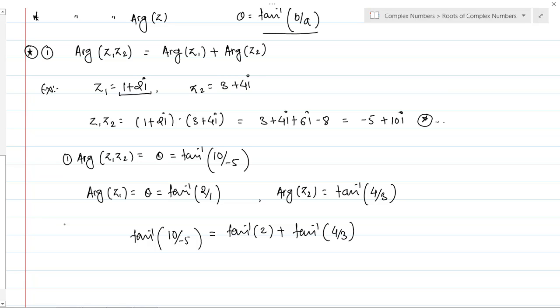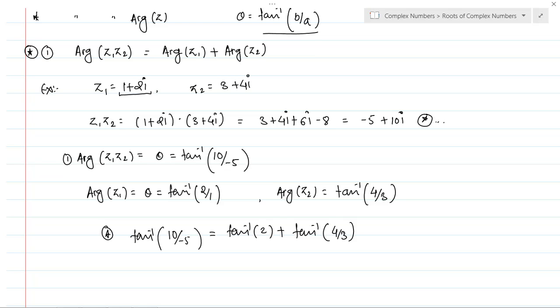If you have scientific calculators or log tables, you can verify this result. So tan inverse of minus 2 is always equal to tan inverse of 2 plus tan inverse of 4 by 3. I hope you are getting this. Any doubt in this?